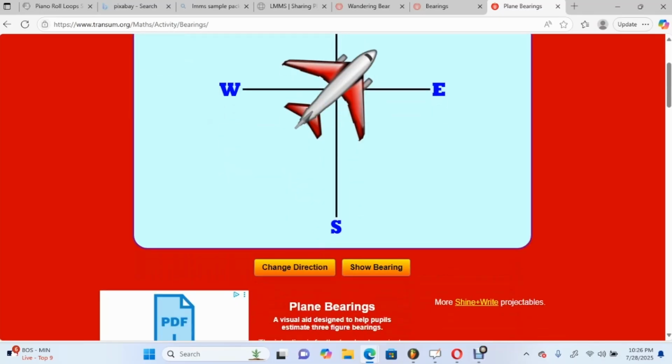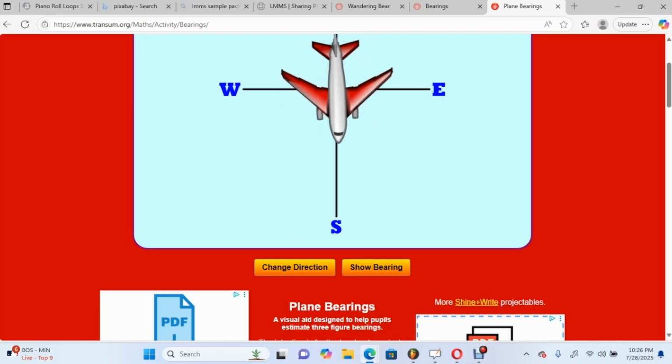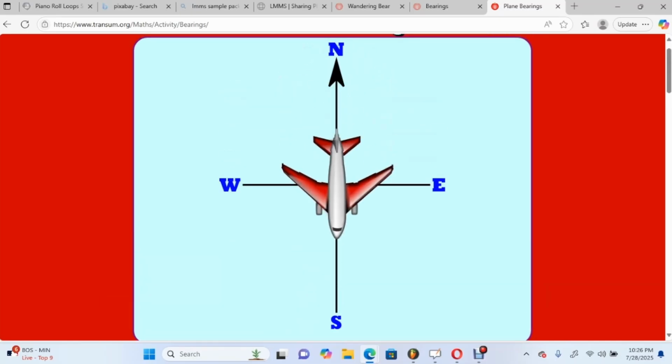Now I'm going to change the direction. It is now pointing where? To which direction, is it east, west, north or south? It's south. So what will be the bearing?